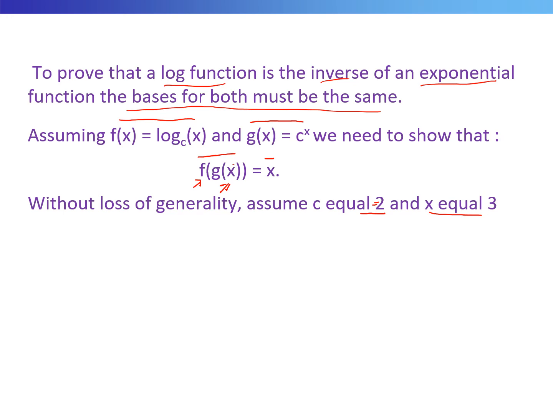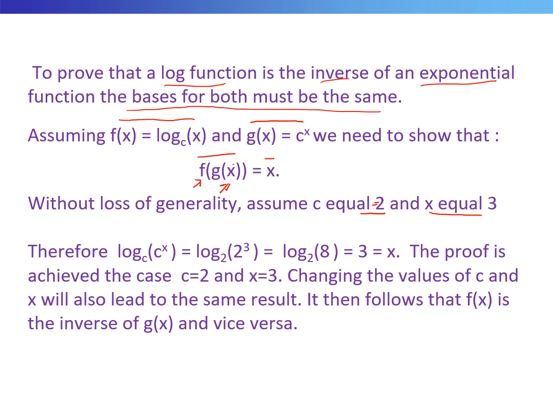So let's take a look at what we have here. Therefore, if we want to get f of g of x, we know that g of x is equal to c to the power x. Since c to the power x is equal to g of x, then we want log of g of x. Here is g of x. So we have to plug in, instead of g of x, c to the power x.